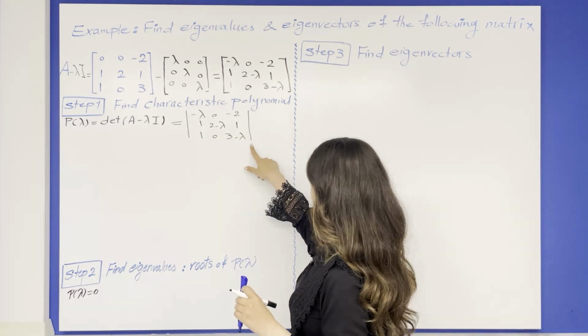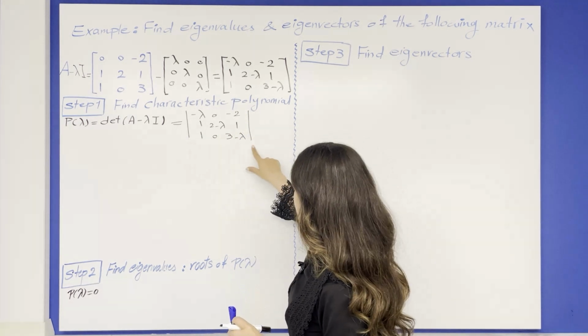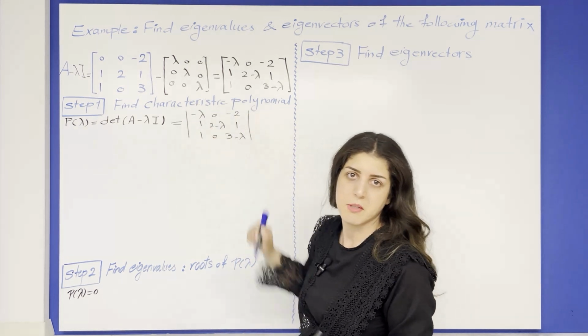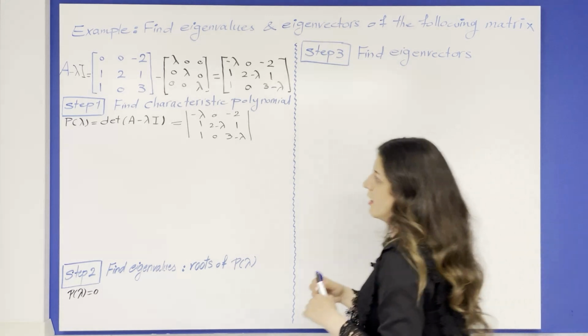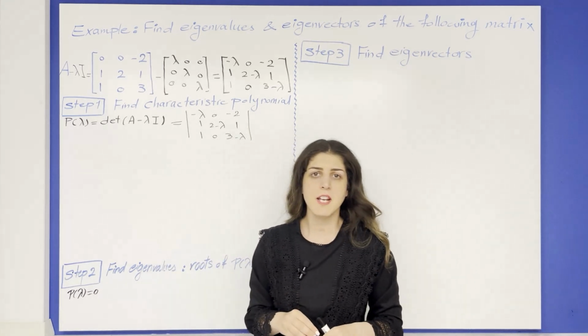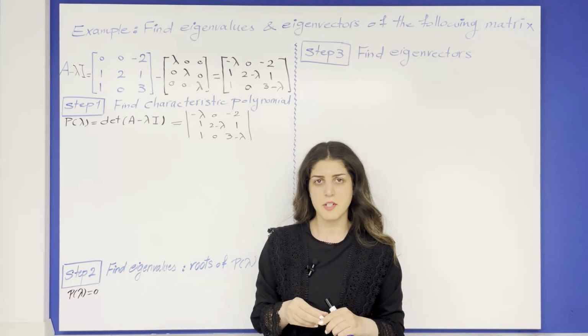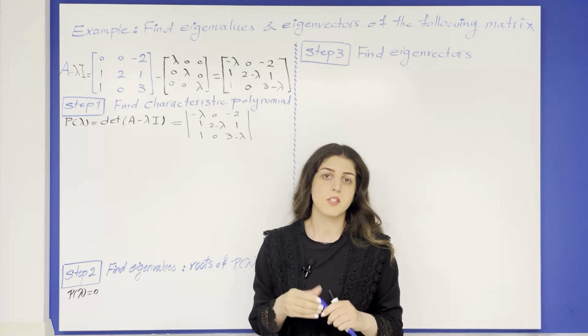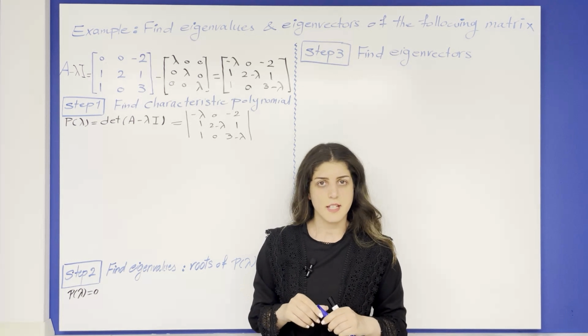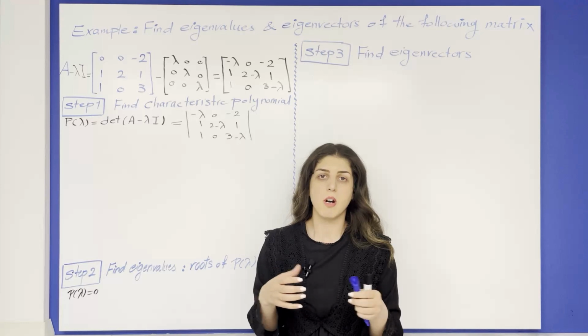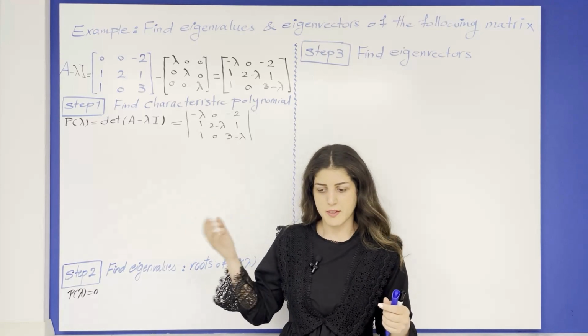Just pay attention that this is another way of writing determinant. These vertical lines actually show the determinant of a matrix. To find the determinant of a 3x3 matrix, you have two techniques. The first technique is using the Sarrus technique, and the second technique is to use the cofactor expansion along one row or one column of the matrix.